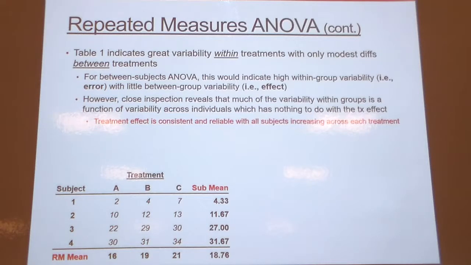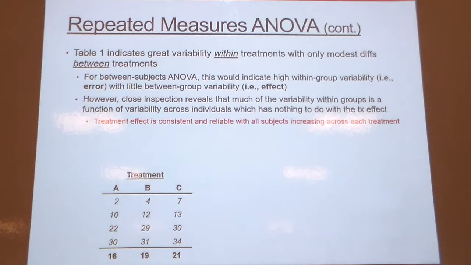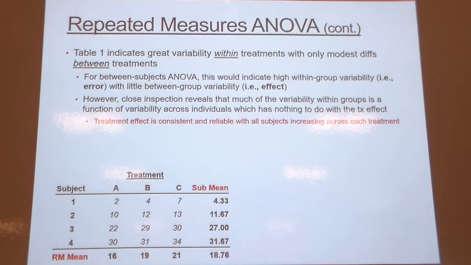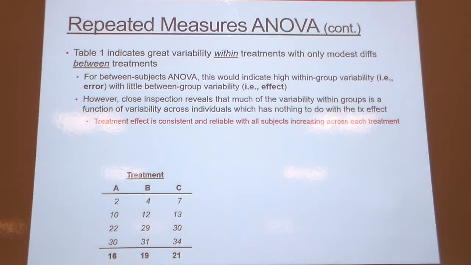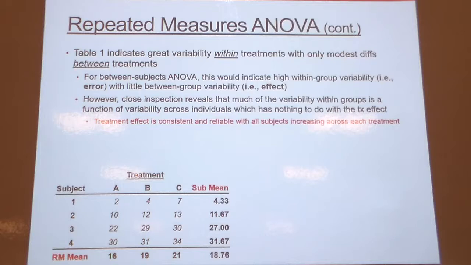But if we go through and take a look at what's going on with this, if we were to look at it from a repeated measures standpoint, let's say that instead of 4 people in Group A, 4 people in Group B, 4 people in Group C, so 12 people in my design, 4 people each cell, I say instead of a between groups design, this is a repeated measures design, and I've actually only got 4 people in this study.